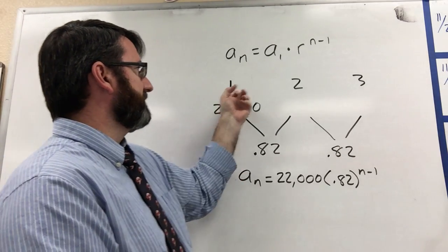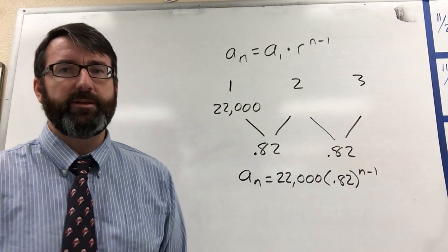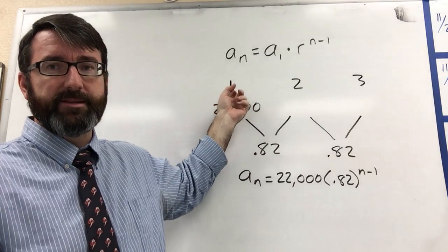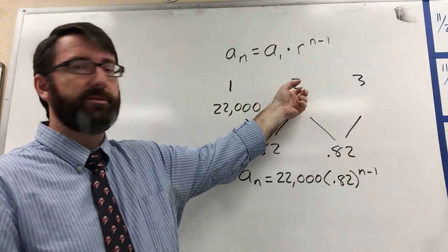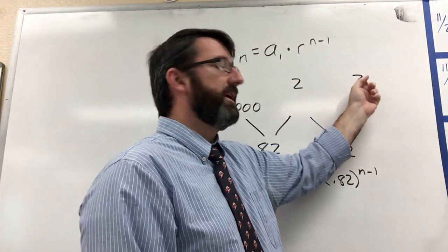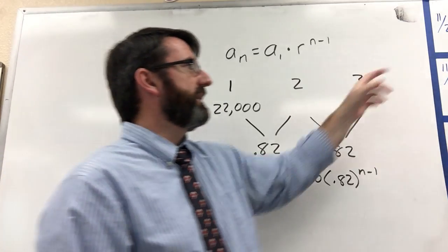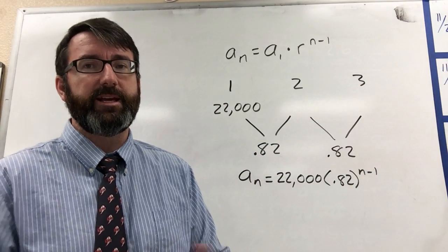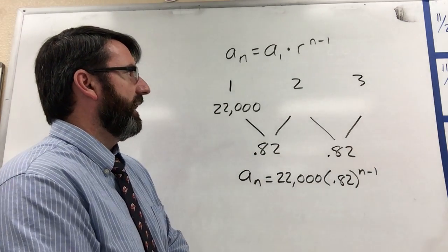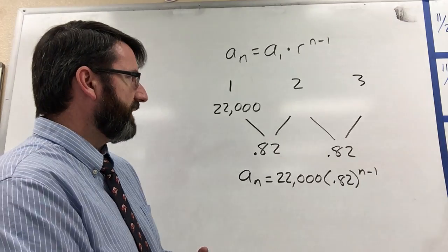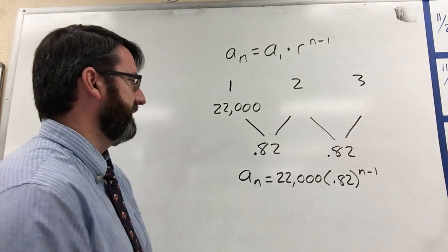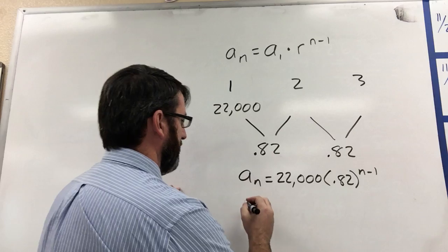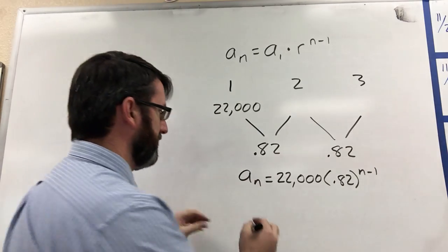So let's think about what term in our sequence 2015 would be. Year 1 is 2009, year 2 is 2010, year 3 is 2011. So if we continued on to year 2015, that's going to be year 7. So year 7 is 2015, and so we need the 7th term in this sequence.